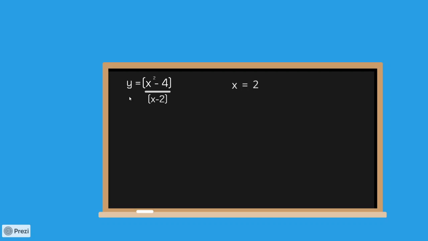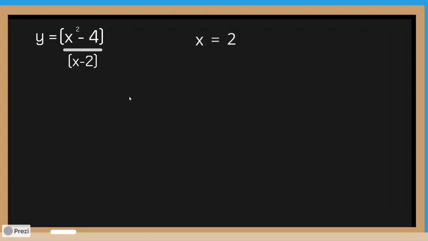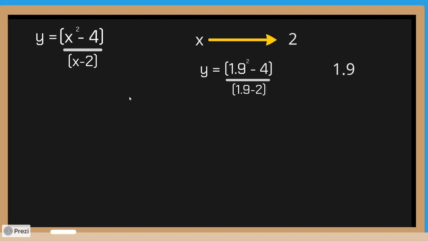So to find that, instead of putting x is equal to 2, I will consider x approaching 2. So what I'll do, I will take values that are very close to 2. For example, 1.9. So when I put x is equal to 1.9, what do I get? y is equal to (1.9 square minus 4) divided by (1.9 minus 2), that will be 3.9.